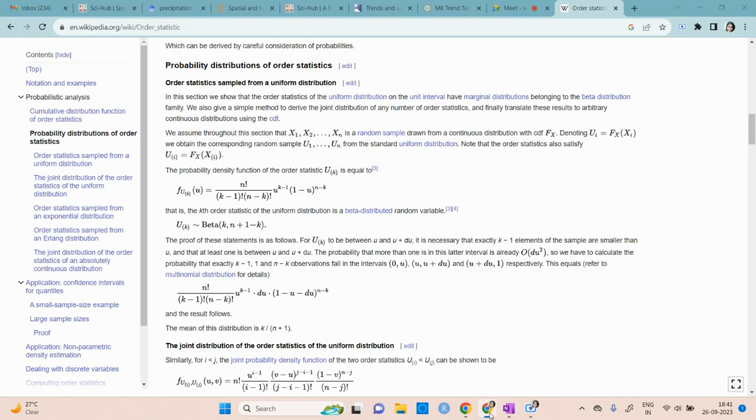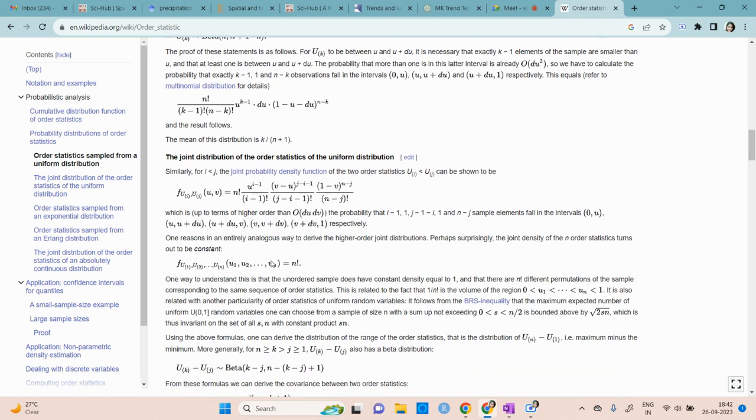This will follow a different kind of distribution, given by the parameters: it is Beta(k, n plus 1 minus k). This is the beta distribution. If you go through the previous lecture, you may remember it, and if you already remember, it's very nice.